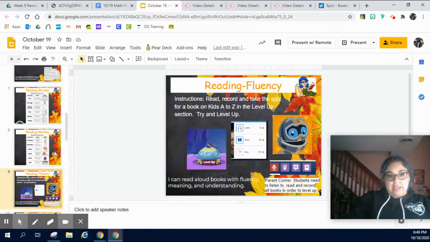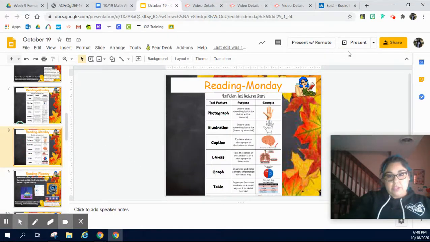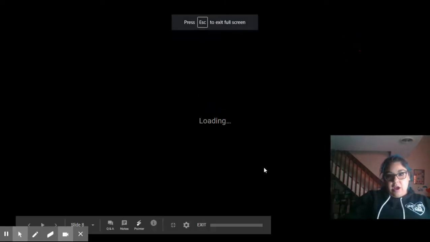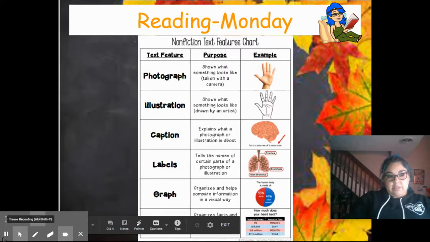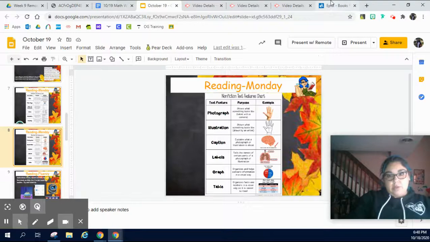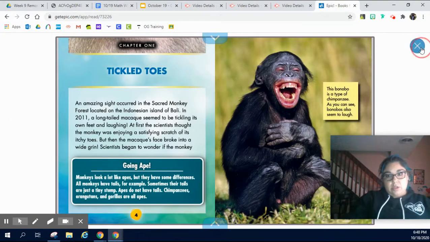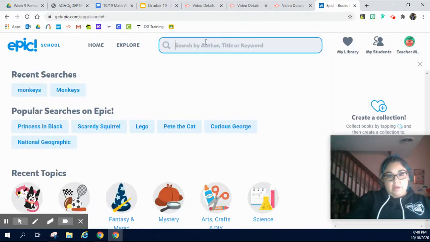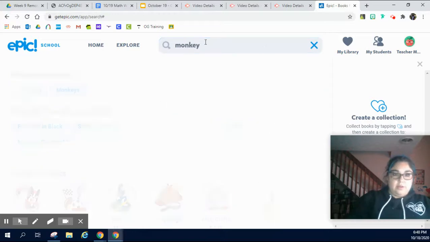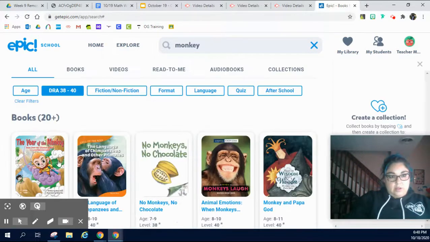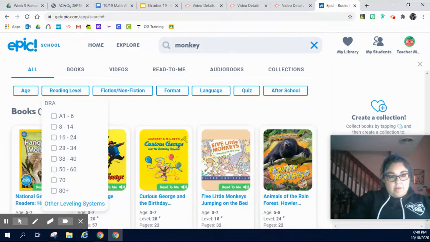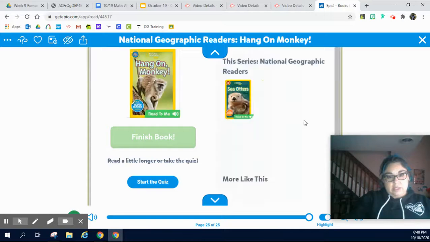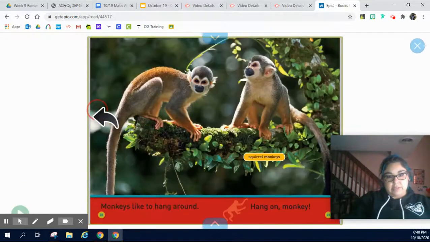All right. The next thing, lost my page. The next thing are labels. There are things that are labeled in our story. So we're going to go back to the book we were reading before. This one is not the one we were reading, but it has labels in the pictures.